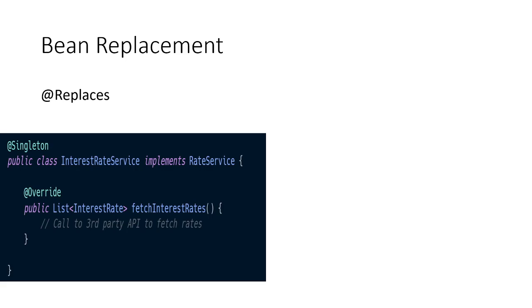So for example, if you have an InterestRateService that implements RateService, and it overrides the fetchInterestRates method, in which you call a third-party API to fetch the rates. When you are writing the test, you don't want this actual API call to happen.